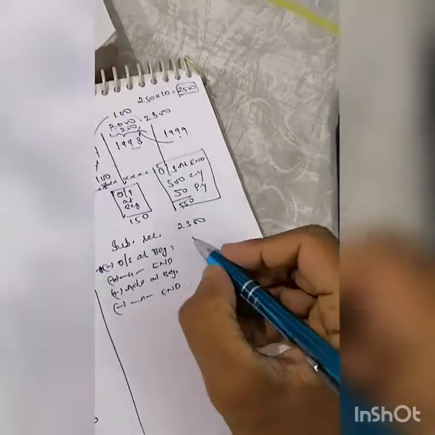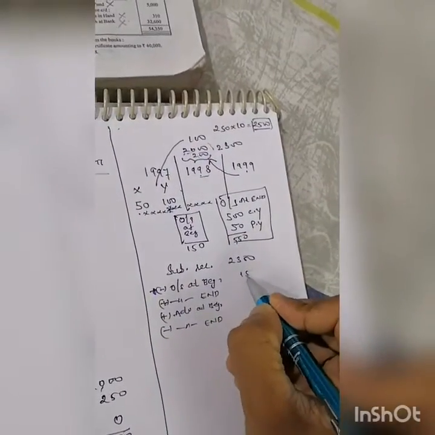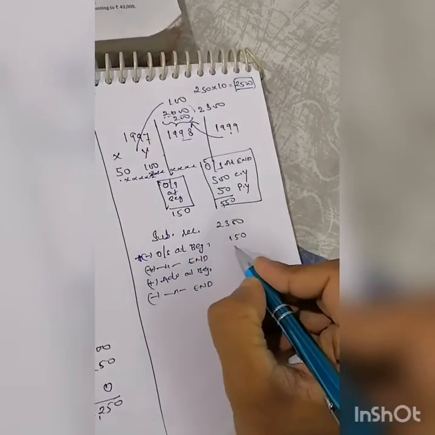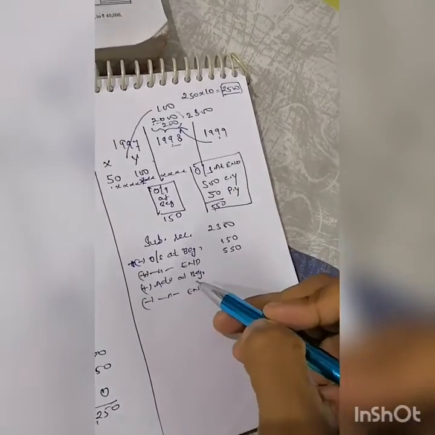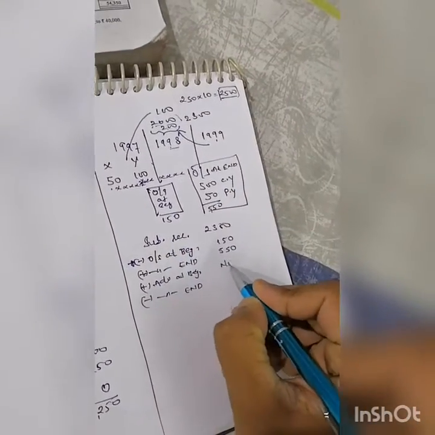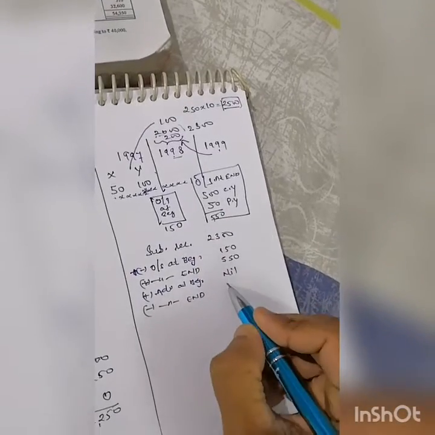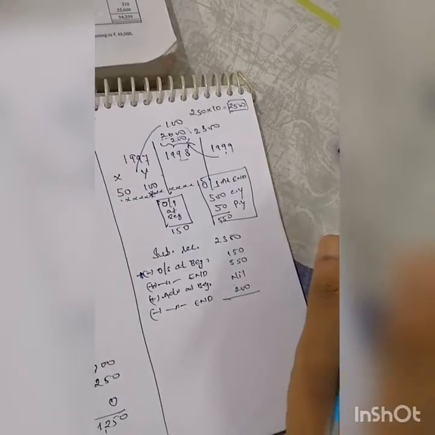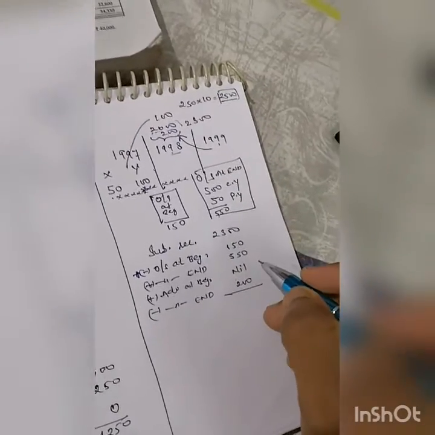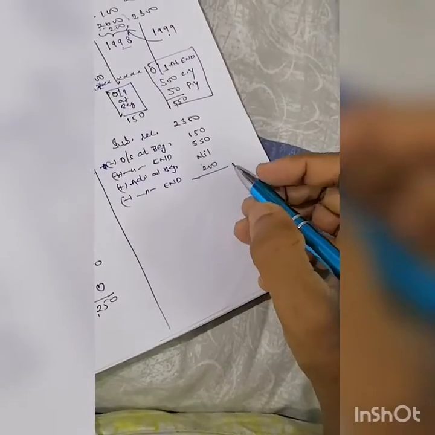So at the beginning we have 150, at the end we have 550, and no beginning advance is given, but here 200 is received.